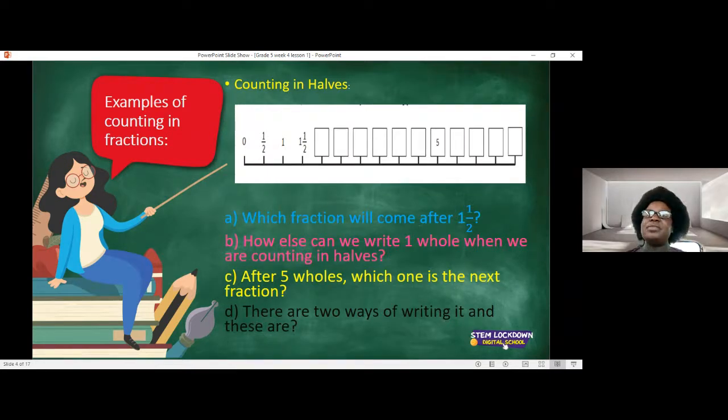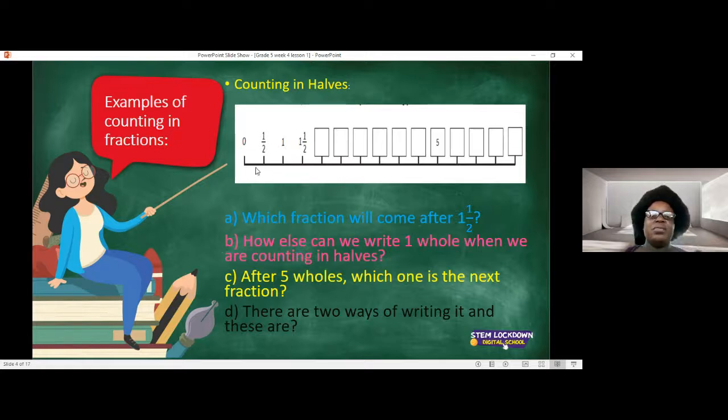So for the examples of counting in fractions, the first one is counting in halves. If we look here, this is a number line, very important. It helps you to see the fractions. Our number line always starts from 0, and then we have our many wholes, because this is the first whole, and then we can also identify the fifth whole number. So how does this work?